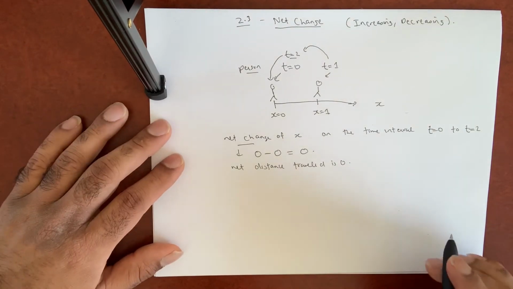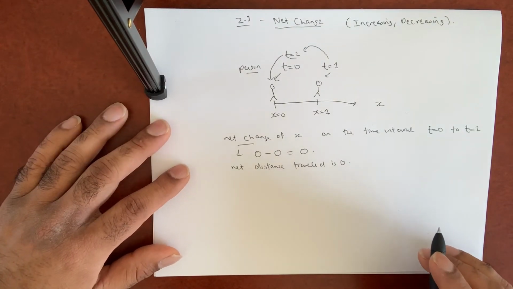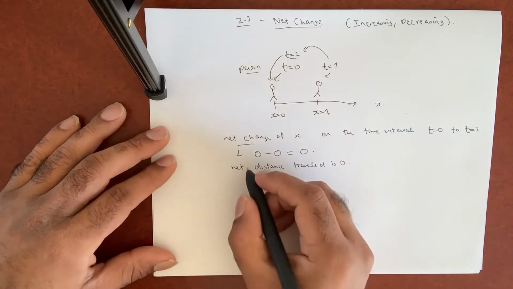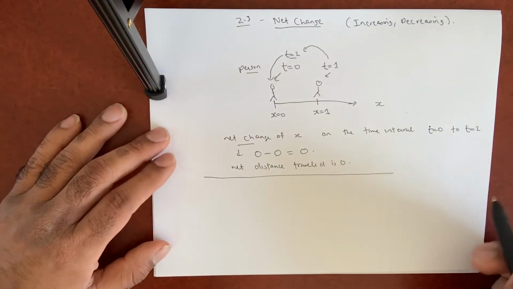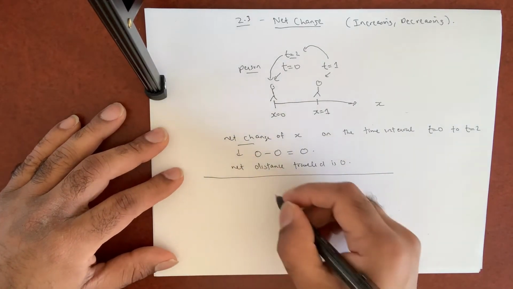Okay, so this is kind of the intuition of net change. It's not really a hard definition, but I wanted to give an example that's sort of practical. Let's do this with a function.